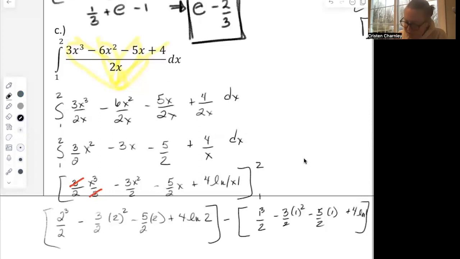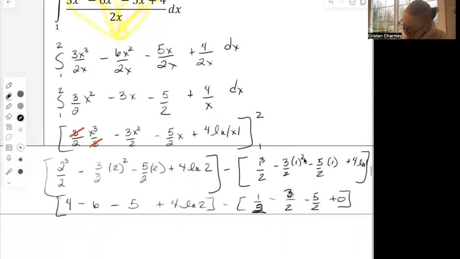So 2 cubed over 2, that's 8 over 2. This is 4. Oh, let's see, what else do we have? 4 over 4, that's 2. This is 6 minus 5 plus 4 ln 2 minus 1/2 minus 3/2 minus 5/2. Natural log of 1 is 0.